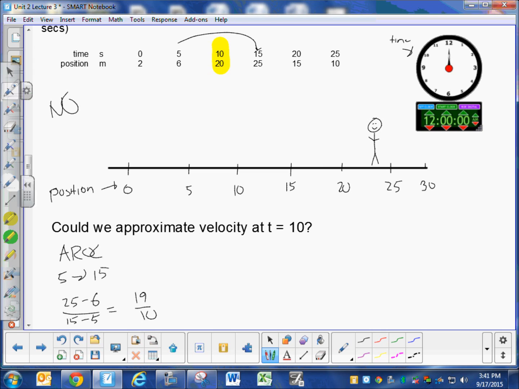slows down after that. Okay, so maybe I need to not do from 5 to 15 because that's not going to be great. Let's do from 5 to 10. That might be better. I don't know. It's just another approximation.